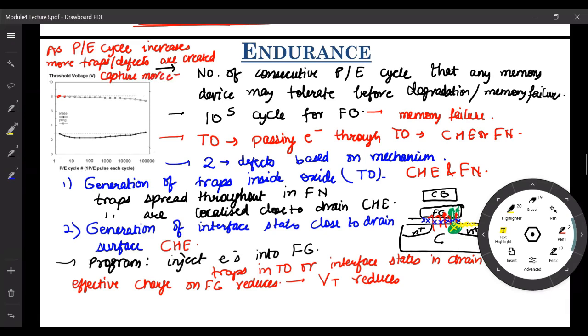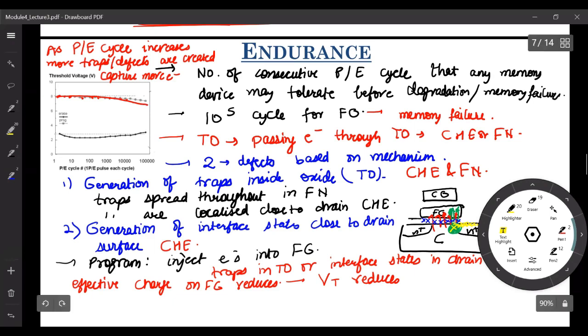Since more electrons are captured, the effective charge on the floating gate, given you apply the same programming pulse, reduces, and as such your threshold voltage reduces. So you see, threshold voltage reduces with the number of program erase cycles.